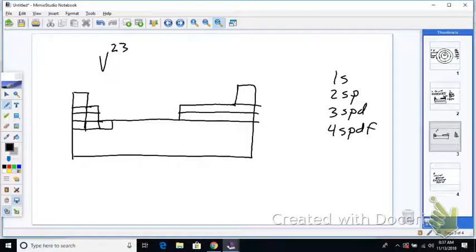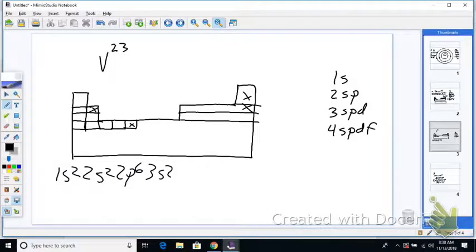So I go 1s2, I'm at helium. 2s2, right there. See, I'm in the s's. Second period. The period represents the s's and p's. Then I'm here, 2p6. Now 3s2, I'm here, third row, third period.